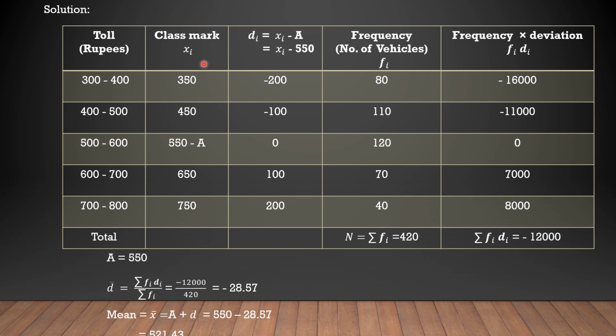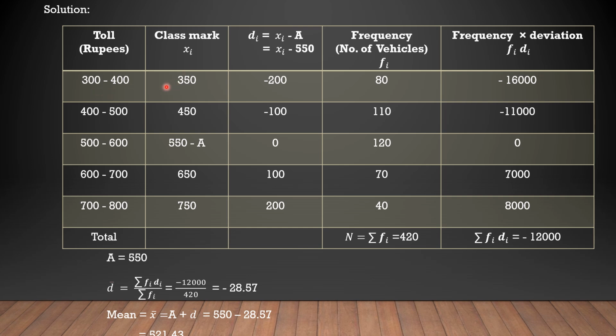Then we find the value of xi. So the method is same to calculate xi, means class mark. Class mark is average of these two numbers. So average of 300 and 400 is 350. 300 plus 400 is 700, and 700 by 2 is equal to 350.